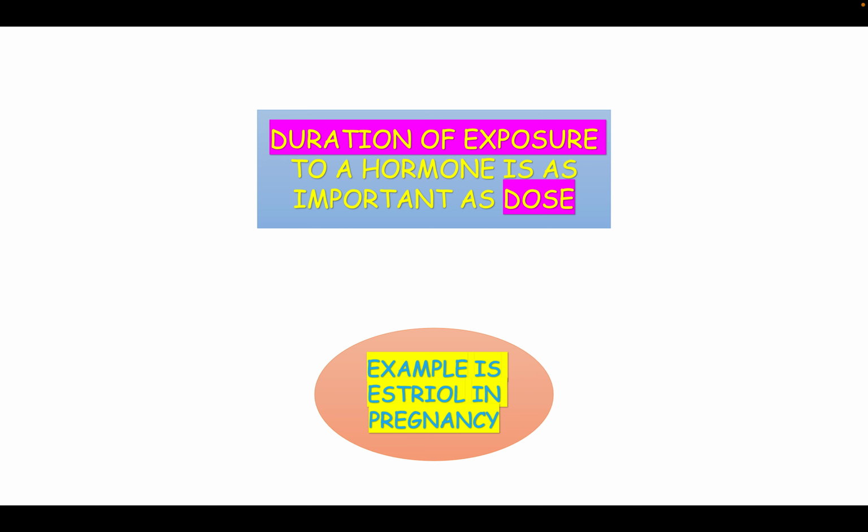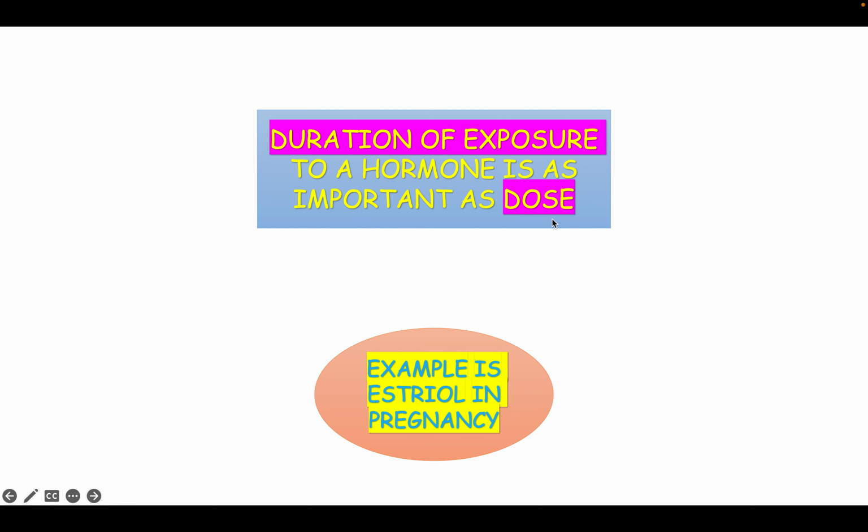So both things are important, duration of exposure as well as dose. That's why in pregnancy, where the concentration of estriol is very high, it can be an important hormone, not just a metabolite. So now we have understood that duration of exposure to a hormone is as important as the dose of the hormone.